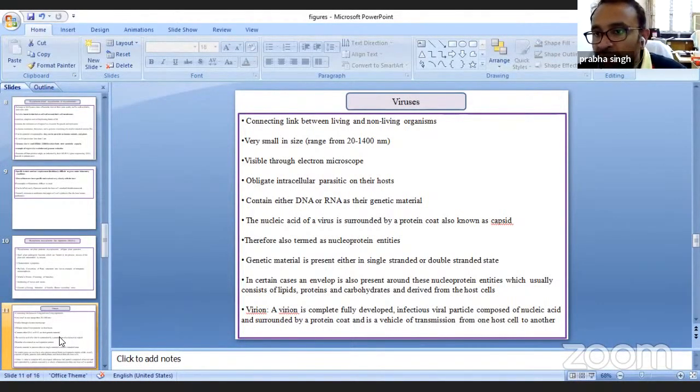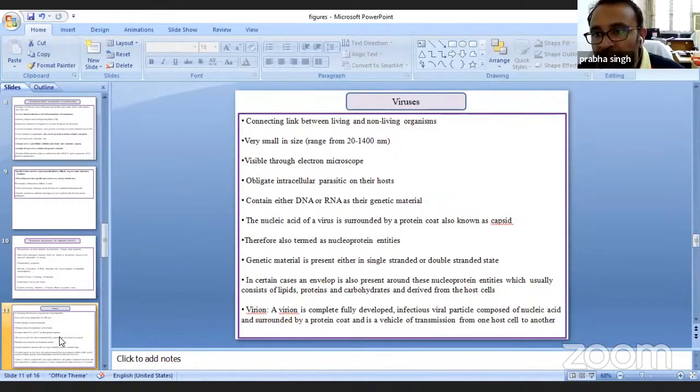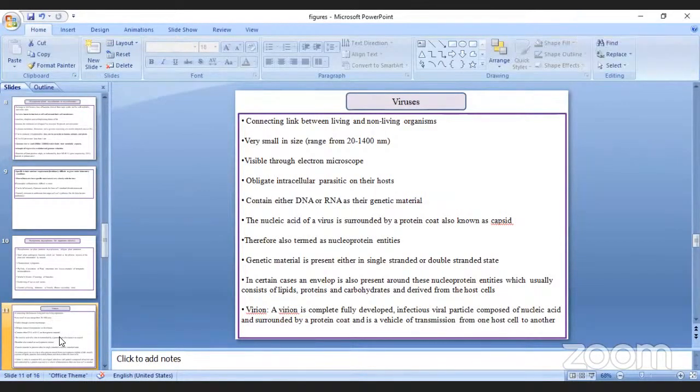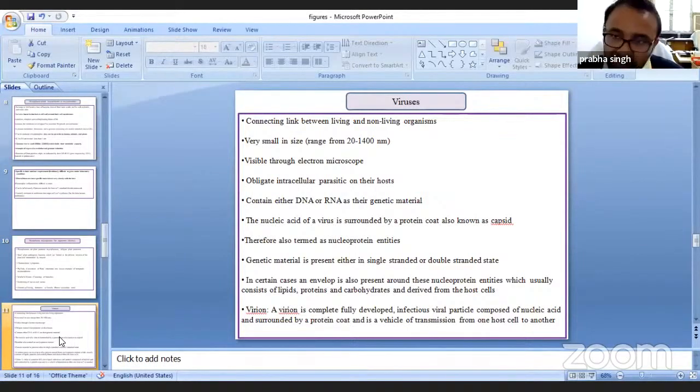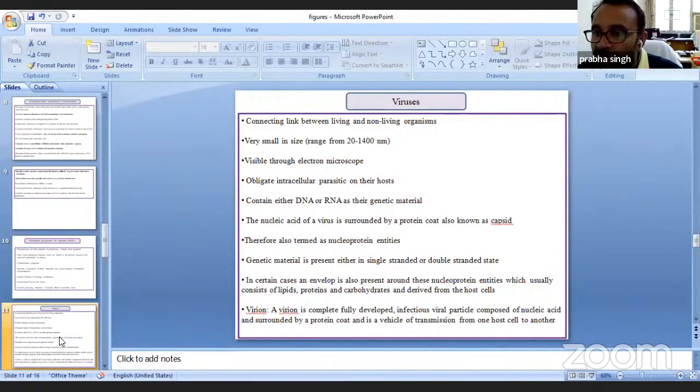Can anybody tell me what is the genomic constituent of coronavirus and whether it is single or double? Single. It is RNA or DNA? RNA, exactly. So coronavirus is an example of a single-stranded RNA virus, right?